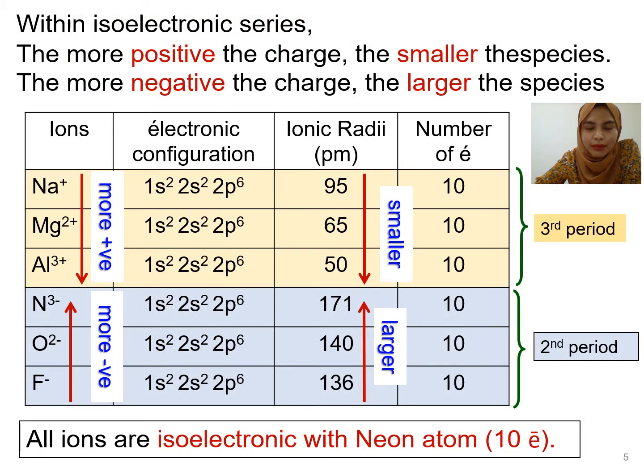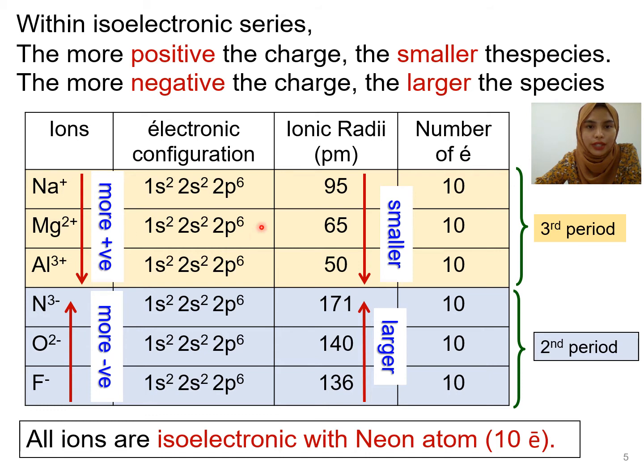Okay, kenapa Miss cakap macam tadi? Okay, so kalau across the third period, the more positive the ions, the charge, okay, makin lama makin increase kan across the third period dia punya charge. The smaller the species, okay, itu yang Miss masukkan.